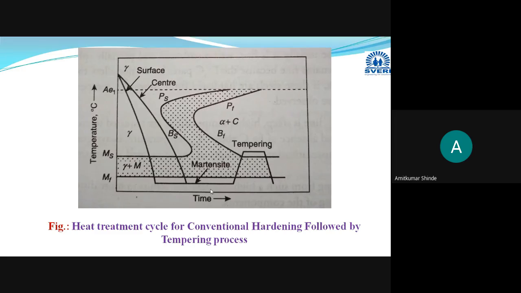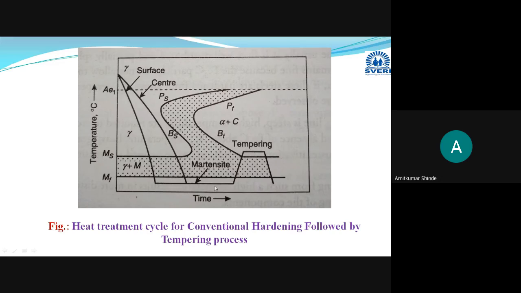Just here, I will repeat it again. Due to this cooling cycle with a very fast rate, some stresses will get created, that we can say thermal stresses, due to the sharp change in temperature from suppose 700, 800, or 900 degrees Celsius directly to room temperature. It may produce some cracks.